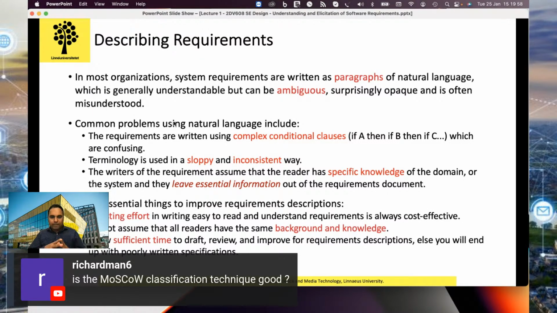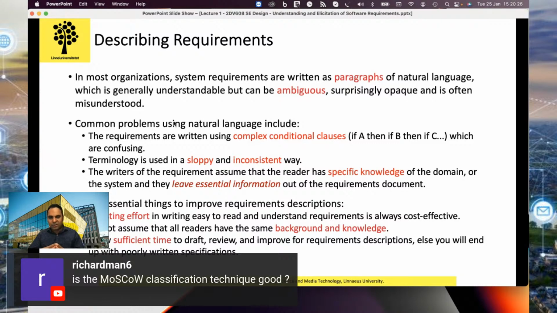And we can do three things to improve how we describe requirements well. The first thing is, of course, investing time and effort to write easy to read and understand text. The second thing is that do not assume by default that all the readers have the desired background and knowledge.